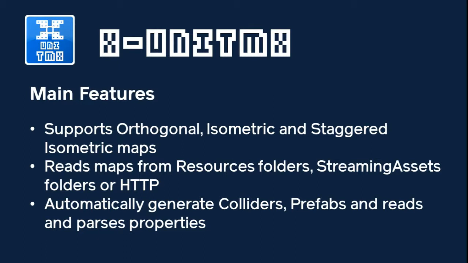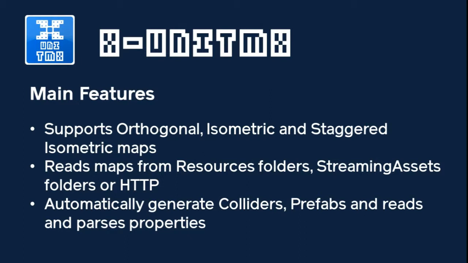That was the main purpose when I started doing this framework. But now you can also read maps from the streaming assets folder, the special folder from Unity that won't be compiled, so you'll be able to modify it after you compile a game.